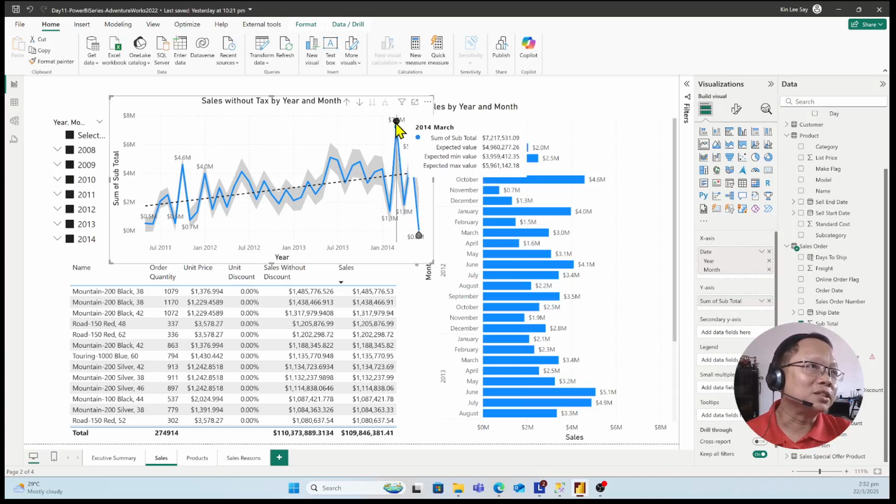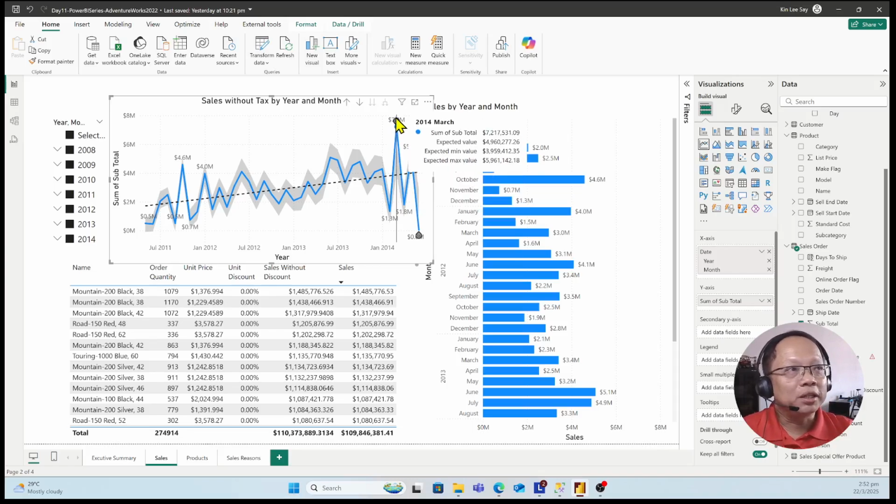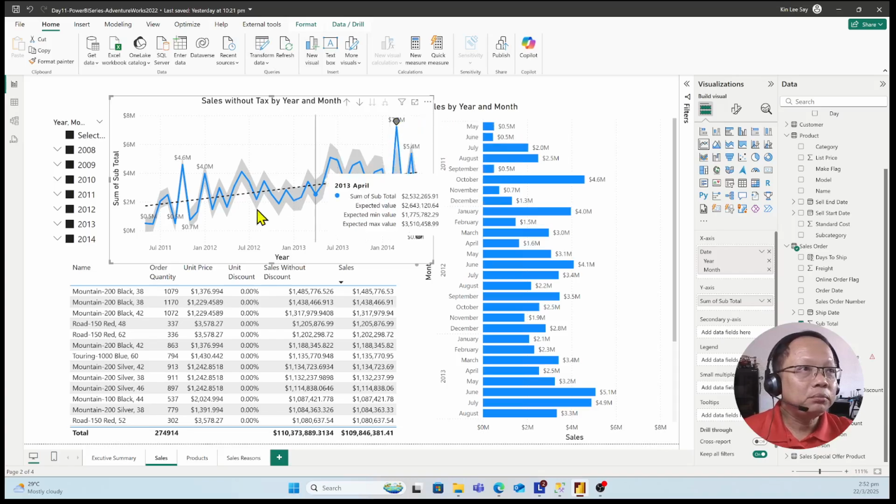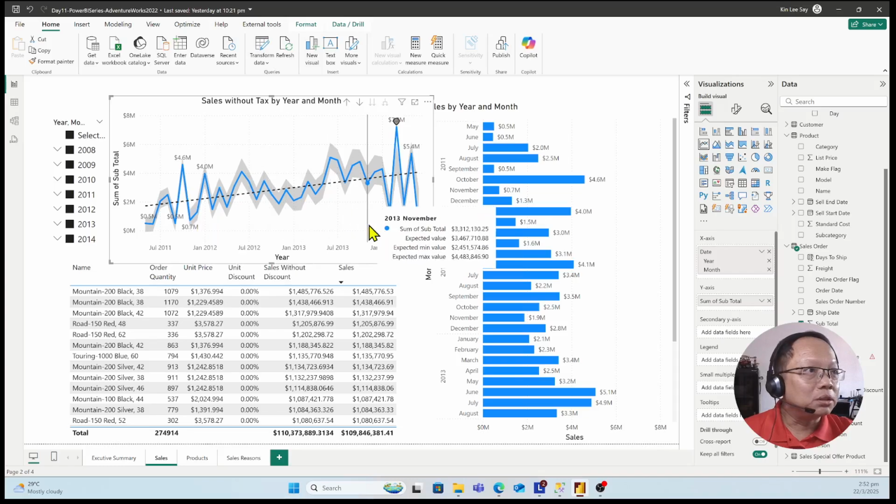This is some of the AI or machine learning computational value by Power BI, which is out of these expected values. So this is considered an outlier. You can see this is 0.07 and goes back to 1.3, so 1.8, so it's acceptable.